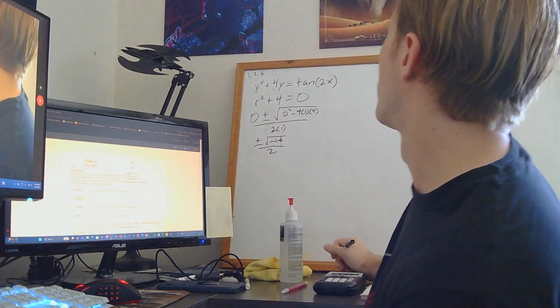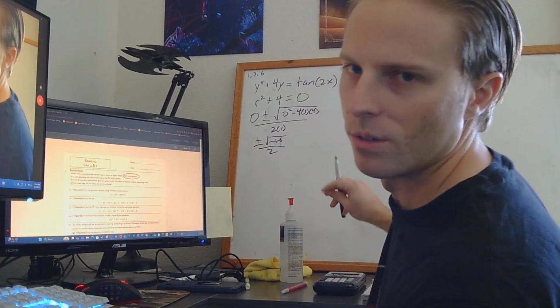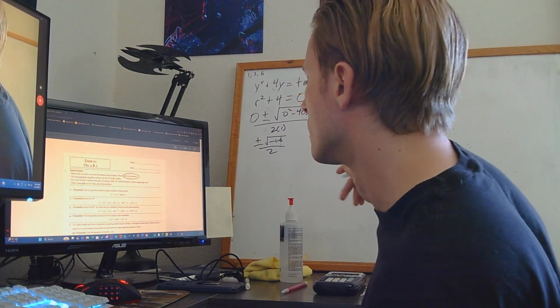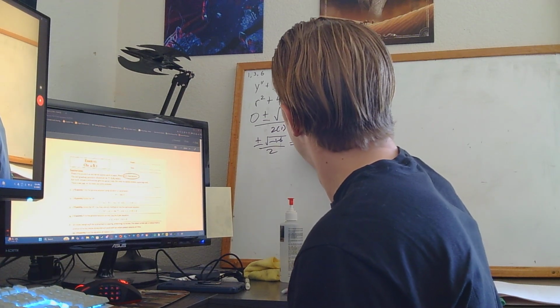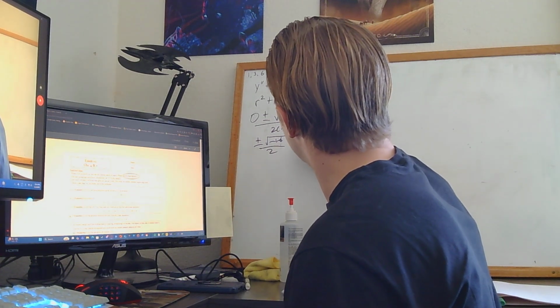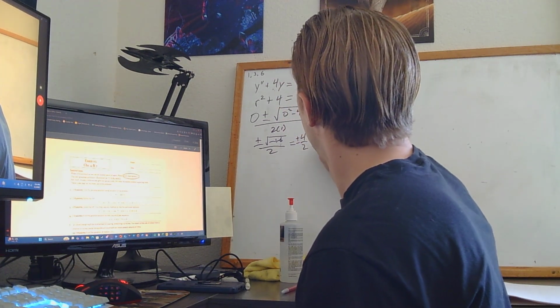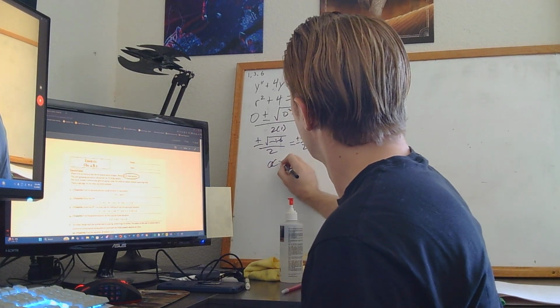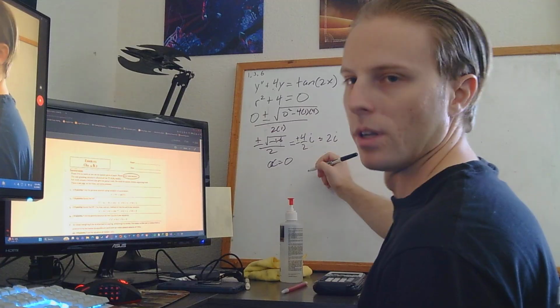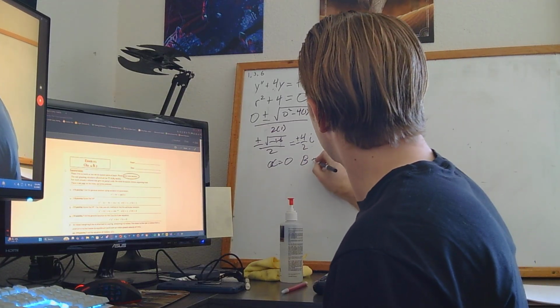Alright, so we got plus or minus the square root of 16 over 2. So I know it's going to be case 3, because I'm going to have the imaginary number here. This simplifies to plus or minus 4 over 2i, which is just 2i. So I know my alpha is going to be 0, because there's nothing in front of the plus or minus. Beta is going to be 2.